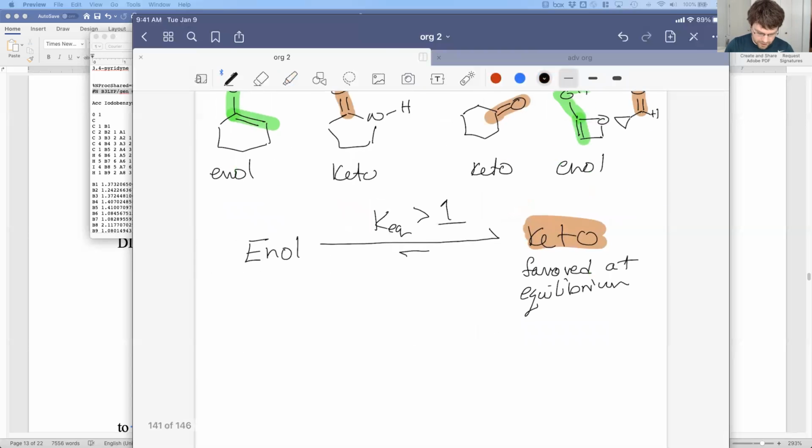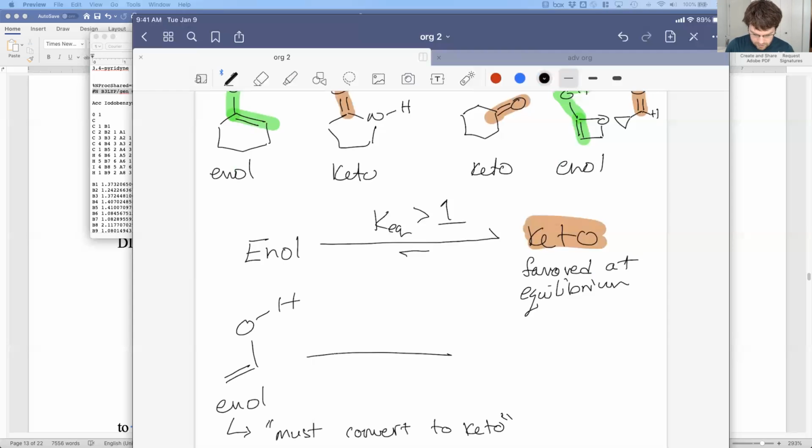That is to say that if I have this structure, I want you to recognize, first of all, that it's an enol, and then say to yourself, must convert to keto. Must convert to keto. So you could draw favorable equilibrium arrows towards the right, towards products, and we're going to draw the keto form.